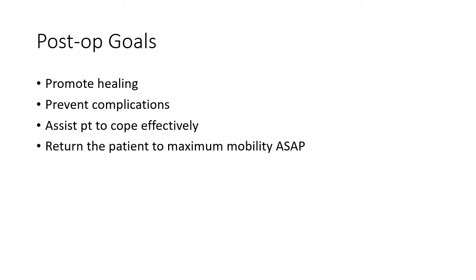The post-op goals for amputation are to promote healing, prevent any complications, assist the patient to cope effectively with body image, and return the patient to maximum mobility as soon as possible. One of the complications of amputation is phantom pain.